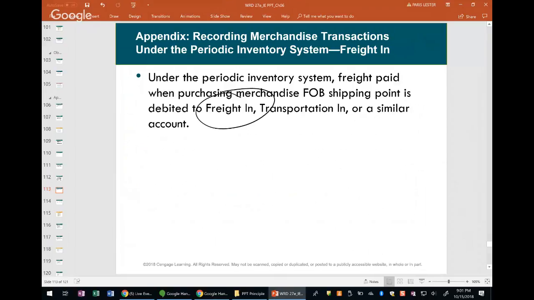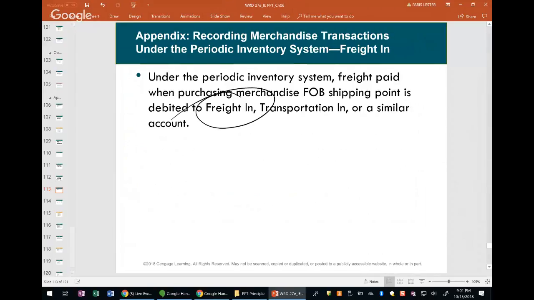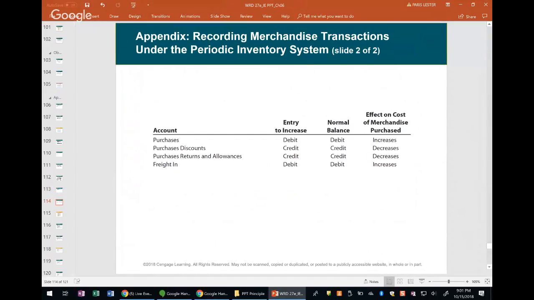And they tell you here under the periodic system, we talk about freight in. So purchases is a debit. Purchase discount will be a credit. So these are the minus, and plus I was telling you about to give you net purchases. These are called contra accounts.